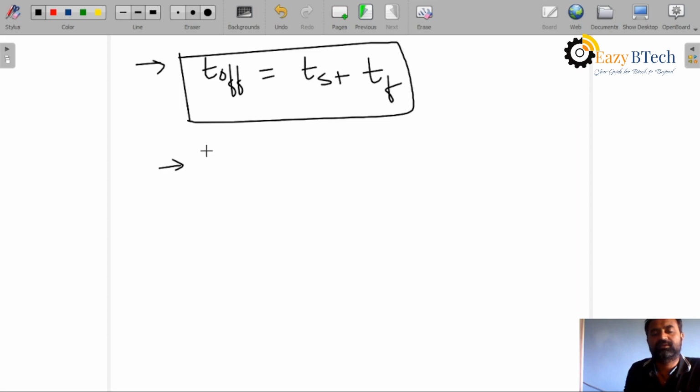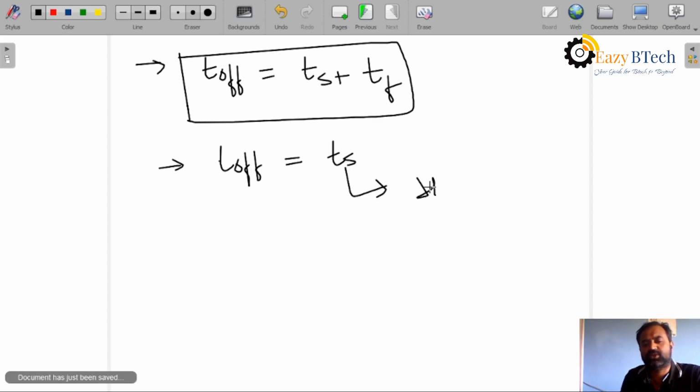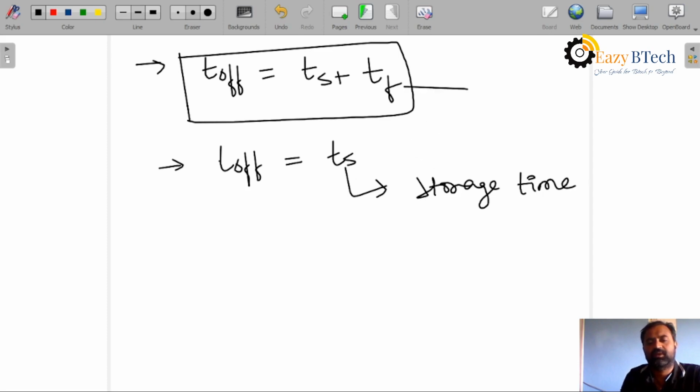That is T off is equal to TS, where TS is nothing but storage time, and TF is fall time. What is storage time?